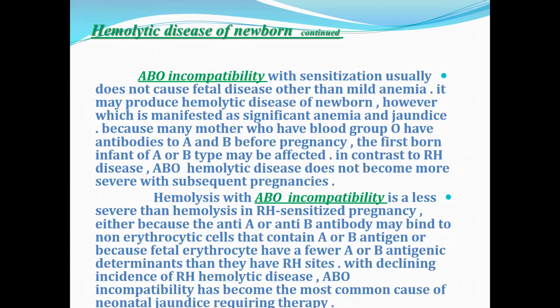ABO incompatibility generally, when sensitization happens, usually does not cause a fetal disease other than mild anemia. It may produce hemolysis of the newborn, however, with significant anemia and jaundice. Many mothers who have blood group O have antibodies to A and B before pregnancy, so the firstborn infant of A or B type may be affected.